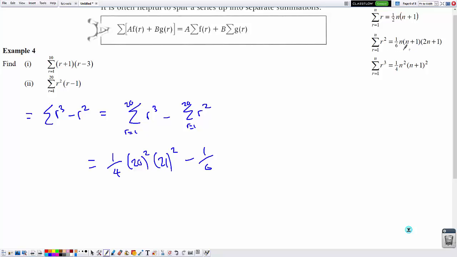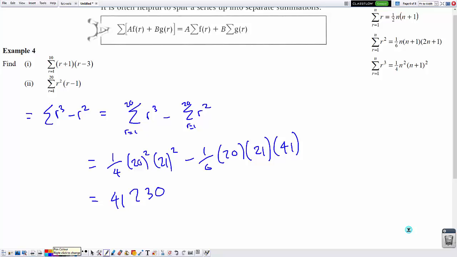We're using this formula here, n plus 1, 2n plus 1, so 6 times 20 times 21 times 20 times 2, which is 40, plus 1, times 41. Okay, and we plug that into our calculator and we get an answer of 41,230.